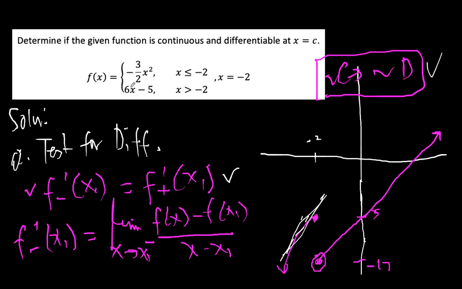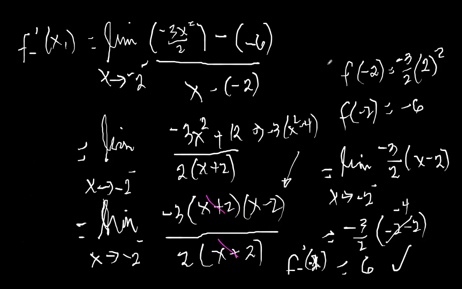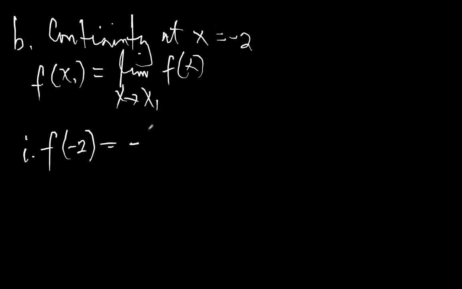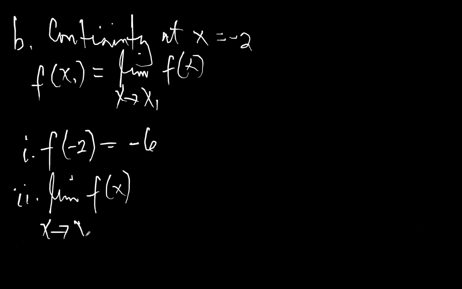What would be the value of the function if x is equal to -2? We'll be using this, and we have solved this already, and we found out that it's equal to -6, as we saw before.